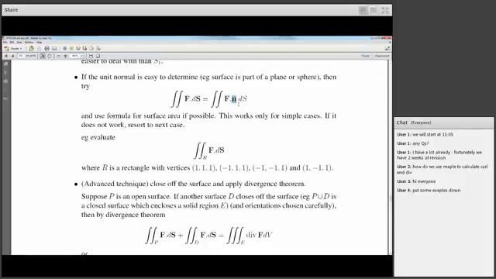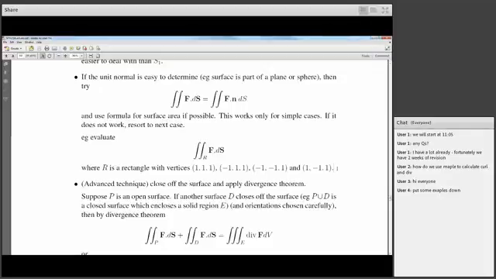And if you do that, then you might be able to integrate pretty quickly. An example of that would be if you're doing a flux integral over a rectangle, then a rectangle sits in a plane. If you look at those ones, that would be the plane z equals 1.